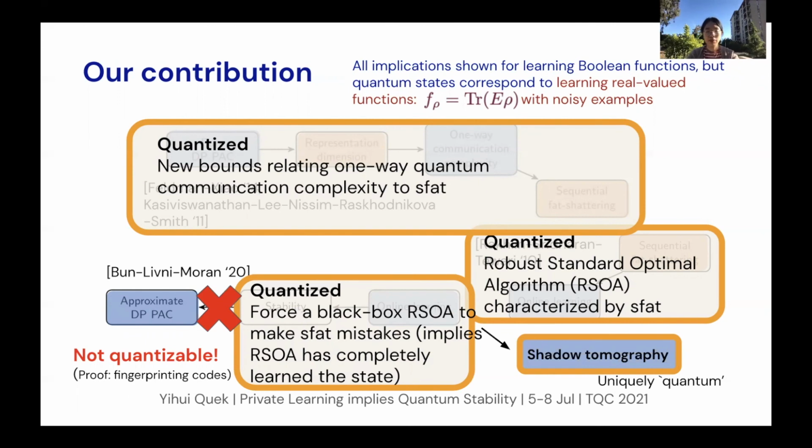And you're supposed to do so using as few copies of the quantum states as possible. So we also showed that the sequential fat shattering dimension of a certain class of quantum states also characterizes the complexity of shadow tomography on that class of quantum states.